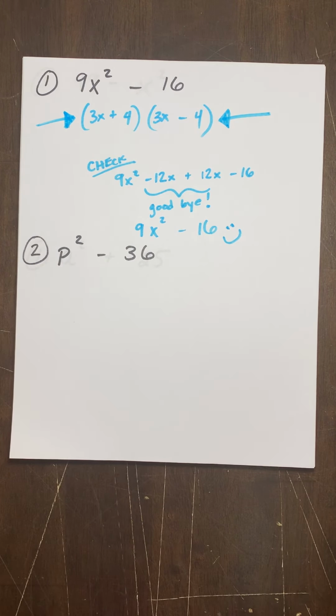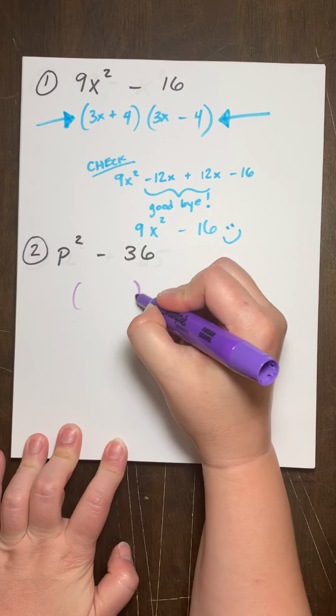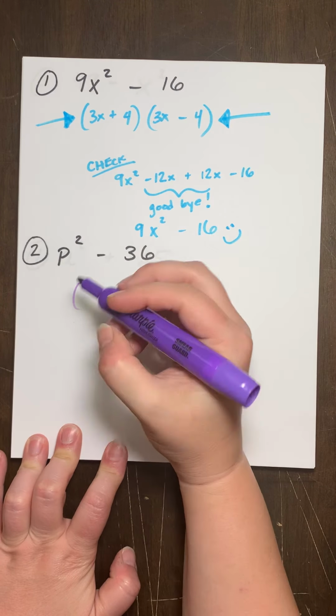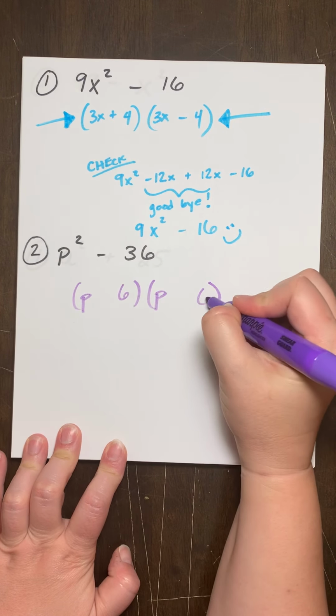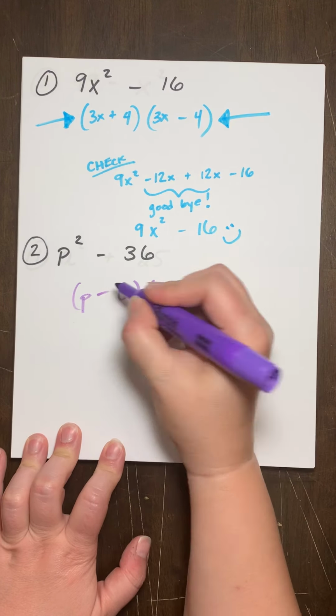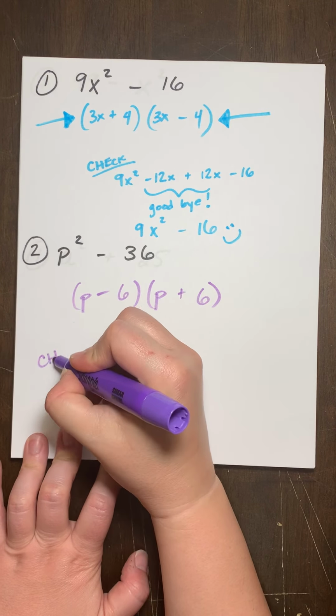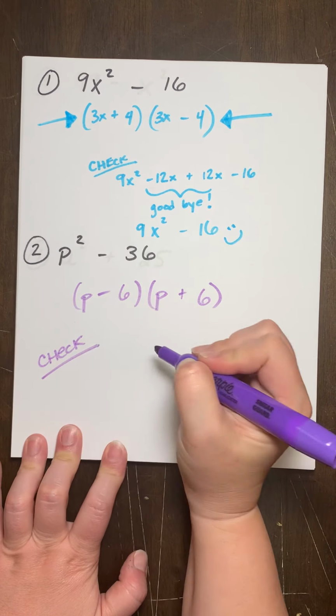Do number 2. Pause me. Do number 2 on your own. Square root of p squared, square root of 36. One's a plus, one's a minus, it doesn't matter. Let's check it.